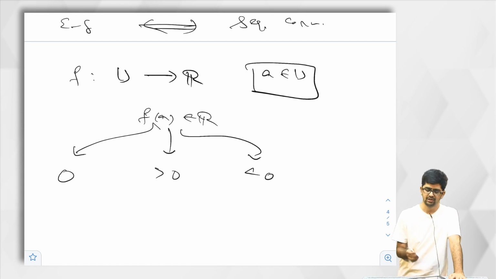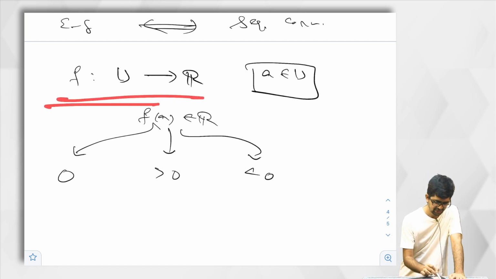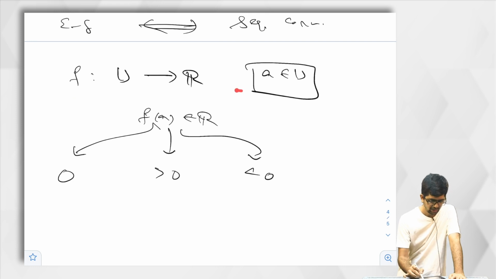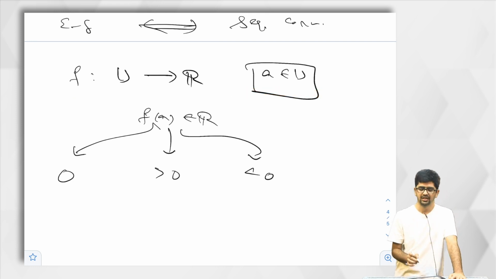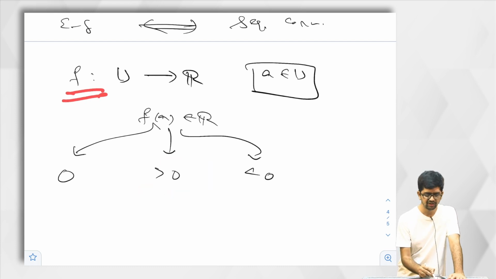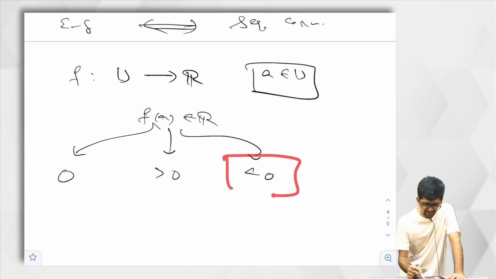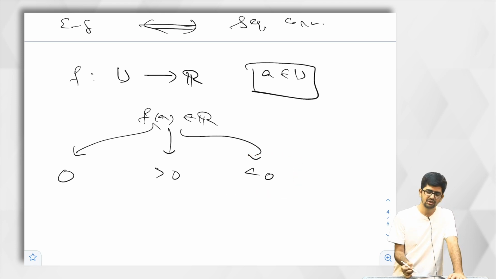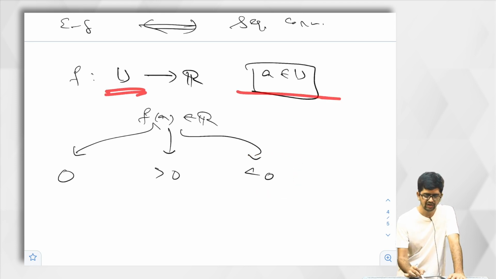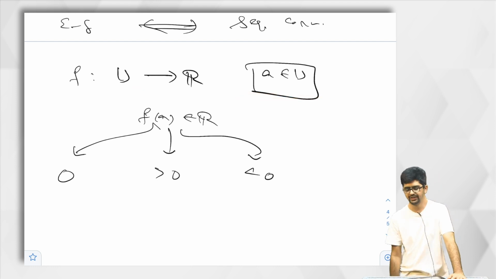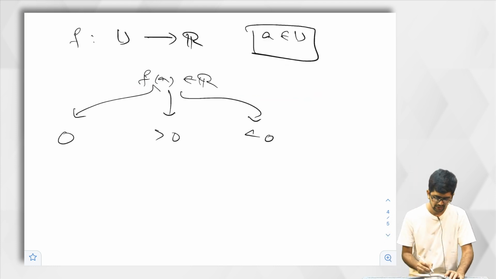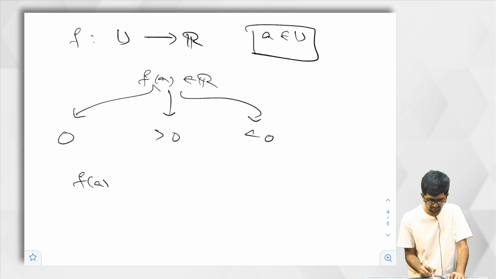The question is: if I take a function continuous at a and suppose it is positive, what can I say about the behavior of the function around a neighborhood of a? Similarly, if f of a is negative, what can I say about the behavior of the function f around a neighborhood of a? So, let us assume that f of a is positive.